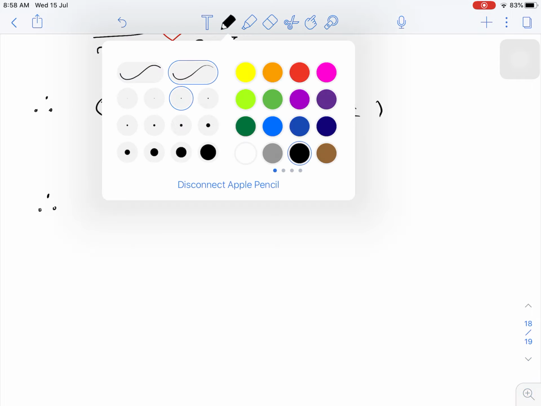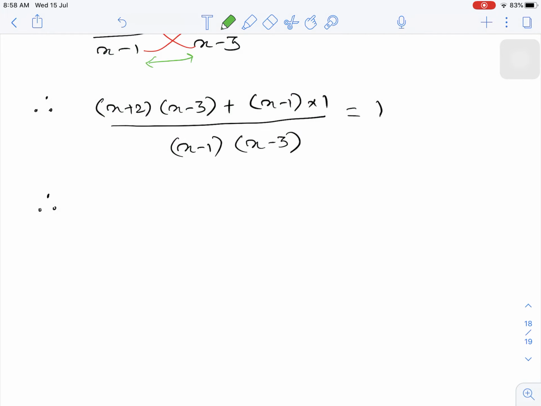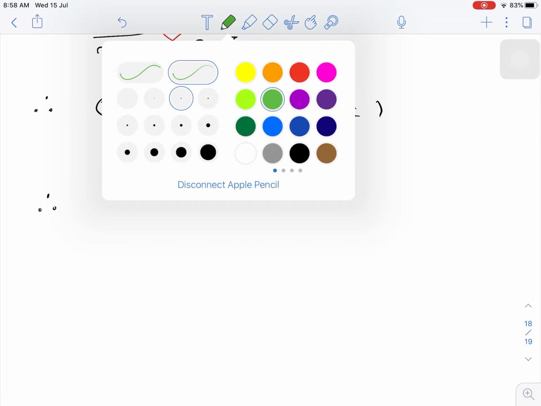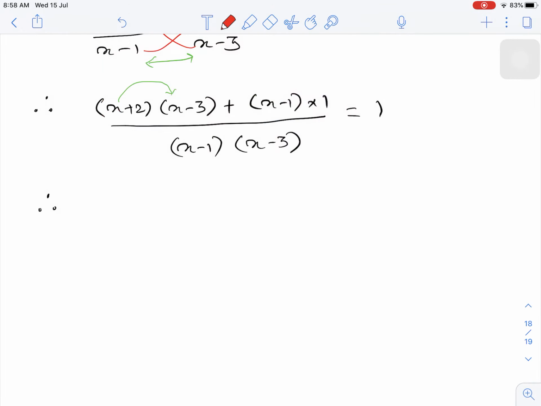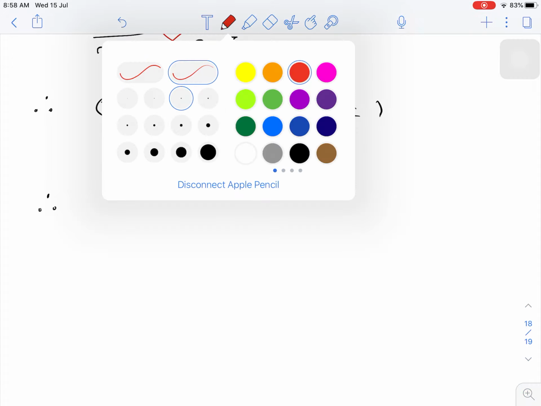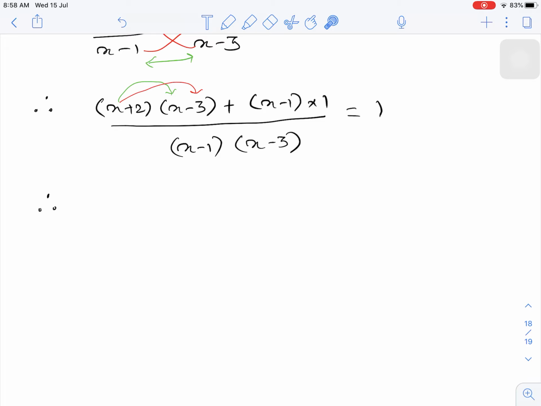So I am just denoting it with some different colors. First this x will multiply with this x, then this x will multiply with this minus 3. So x into x will give you x squared.